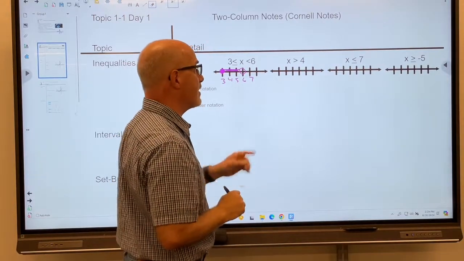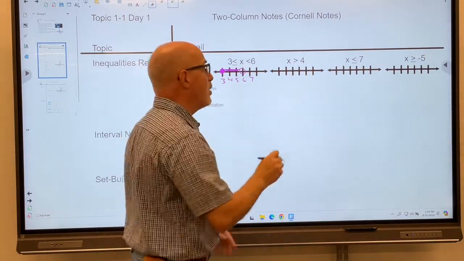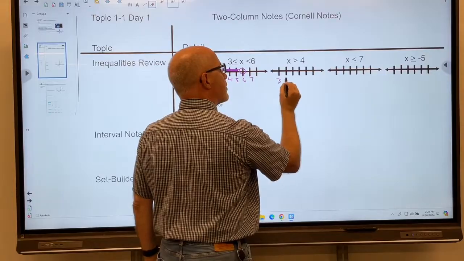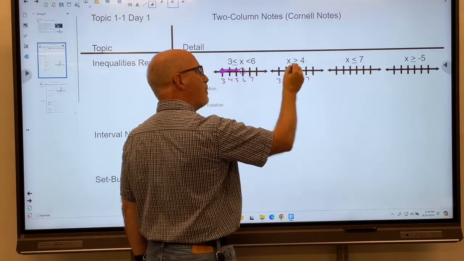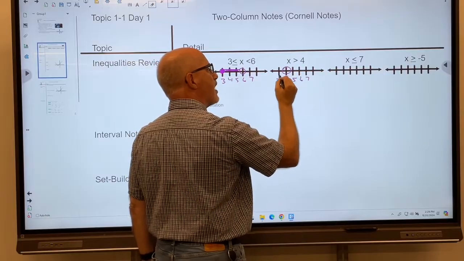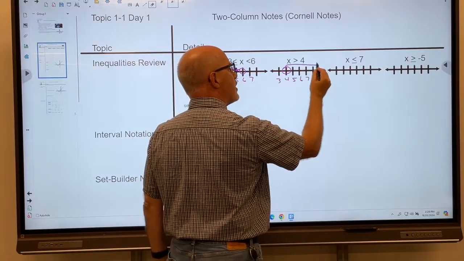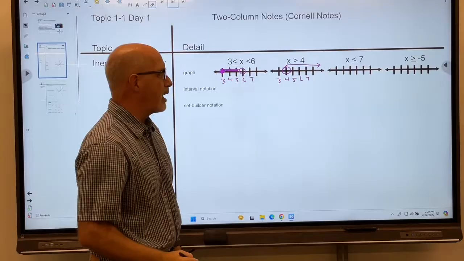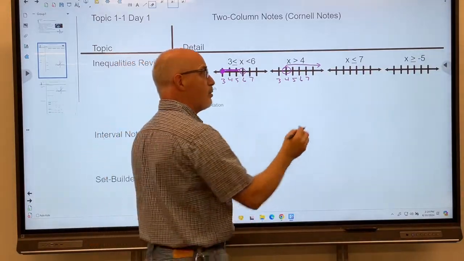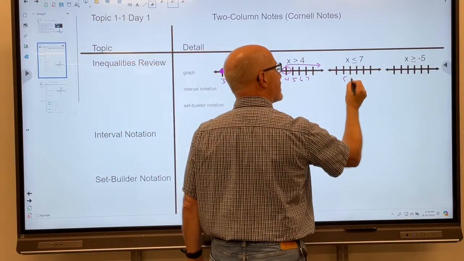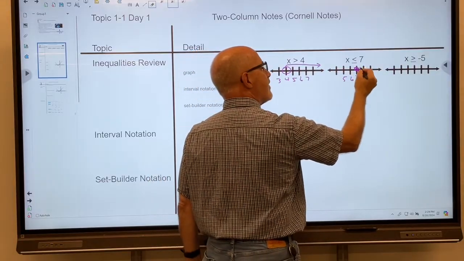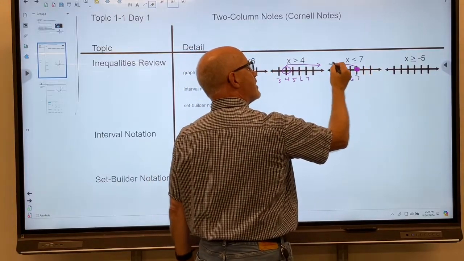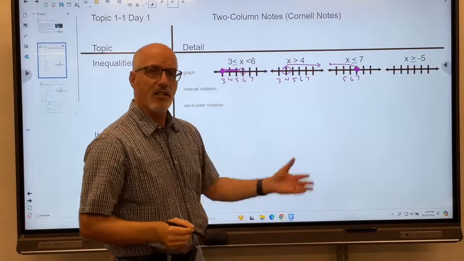If we were to graph this greater than symbol, we go ahead and label our graph, 3, 4, 5, 6, 7, put an open dot on the 4 because it's not or equal to, and then shade to the right side because it's greater than. For the less than or equal to, we'll say 5, 6, and 7 here on the graph. Put a solid dot on the 7, and we shade to the left because it's a less than.